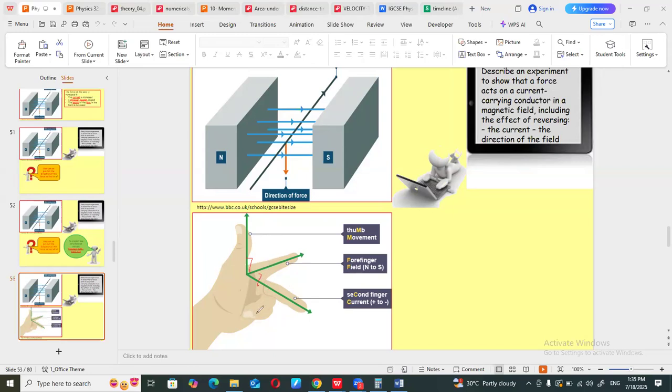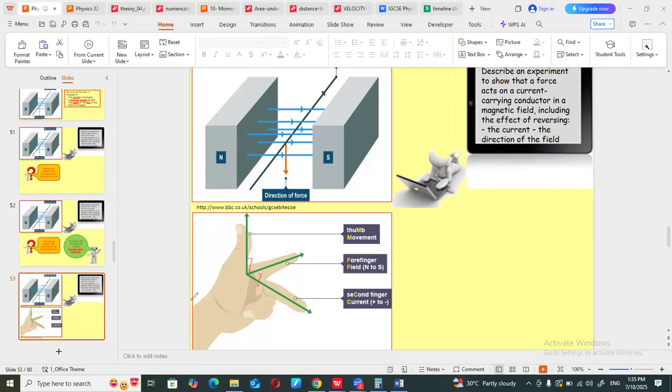So if the current goes in the downward direction, and you have a permanent magnetic field from north to south, then this thumb shows you the direction of the force. In this case, the direction of the current is not downward, but upward. So this thumb goes downward.